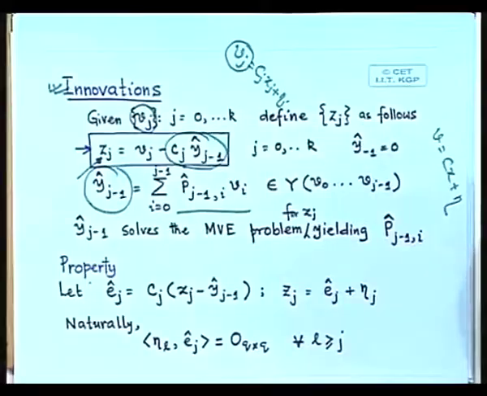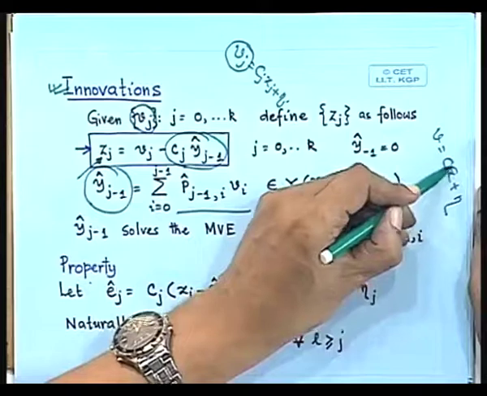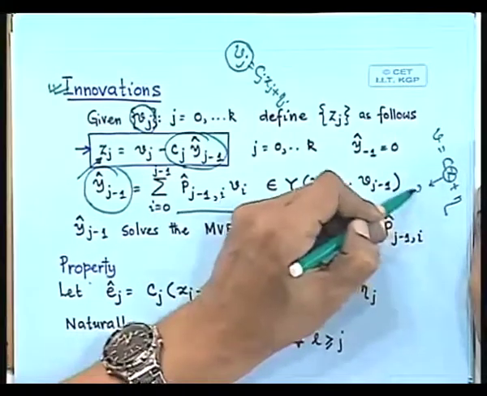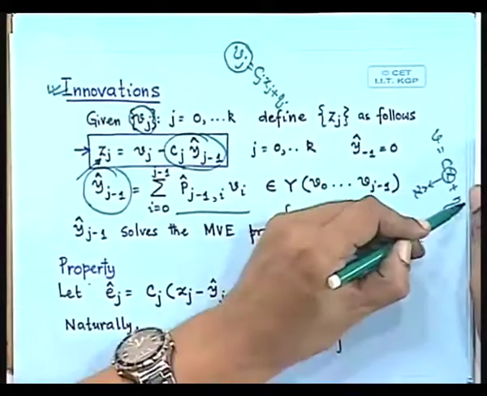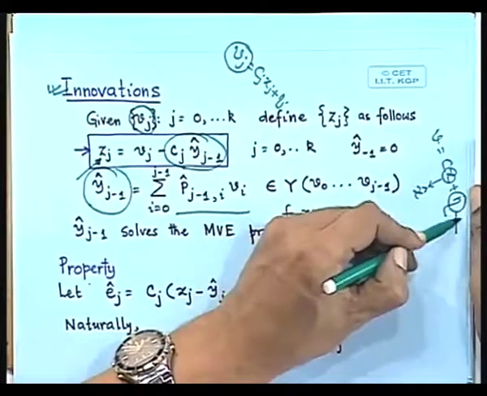So again, what is this? This is your estimate of the output. What is your estimate of the output? Suppose V is equal to Cx plus eta. You have generated X. You have got an estimate X hat. This is totally uncorrelated with past measurements, as you have assumed.